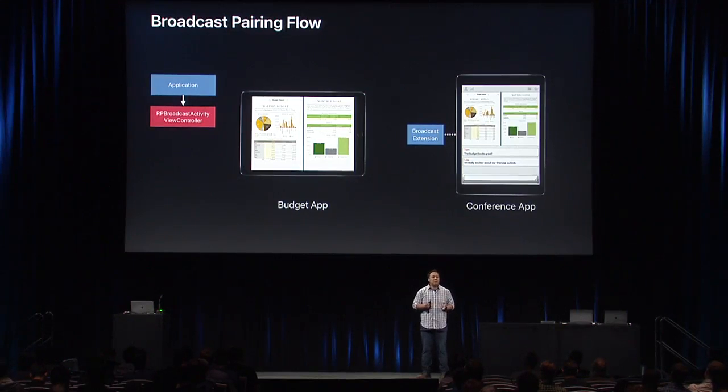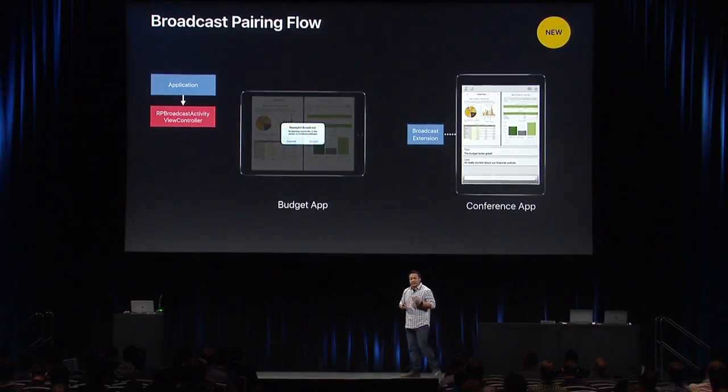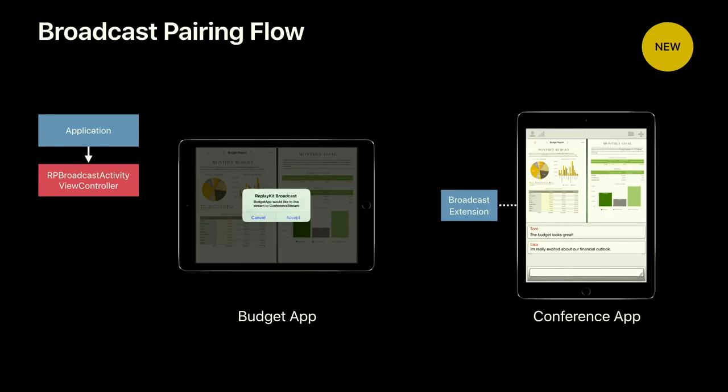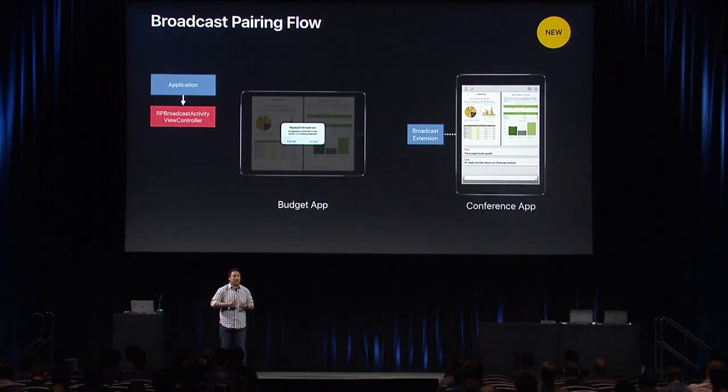But here's the main difference between broadcast pairing and general broadcast initiation. When you present that view controller, instead of the user being presented with a picker that allows them to choose a public service, they'll be presented with an alert that indicates your application's intent to use a particular broadcast service. Here, our budget application wants to stream to our conference application's broadcast service.